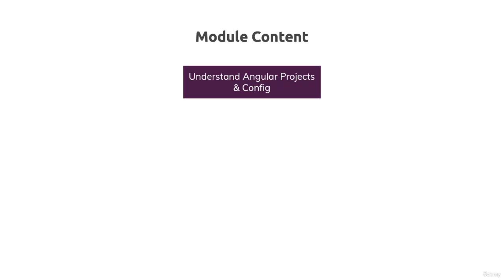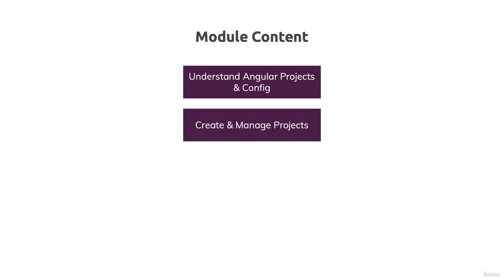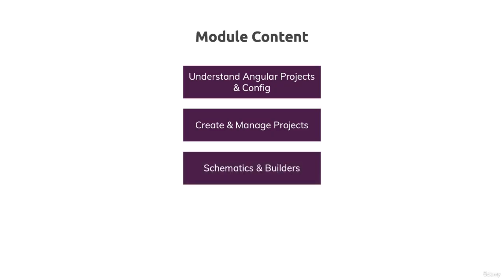You will see how you can create and manage projects and many things inside of these projects. We'll take a look at something which is called schematics and builders, which is a set of pretty cool features which is included in Angular projects and the Angular CLI, and which is worth knowing about.